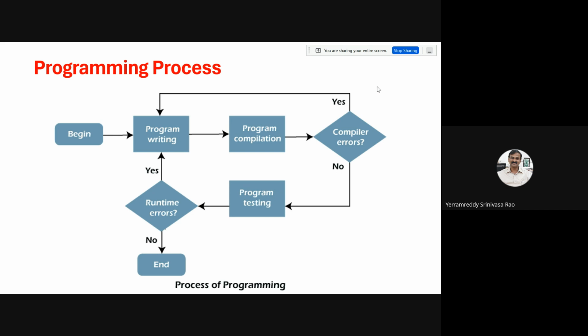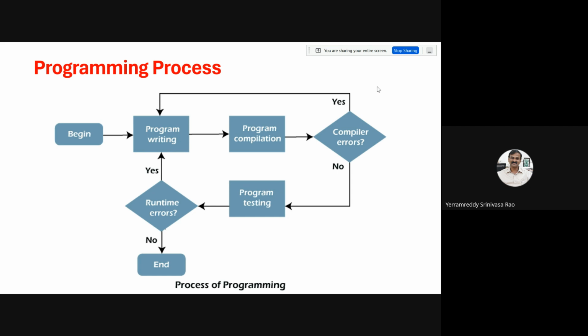First we write on a piece of paper what is called an algorithm or a flow chart: what is it that I want to do, what is it that I want to implement. I will write it maybe in Telugu, Hindi, Tamil, whatever your own language. This is what I want this device to implement. What we call a program.